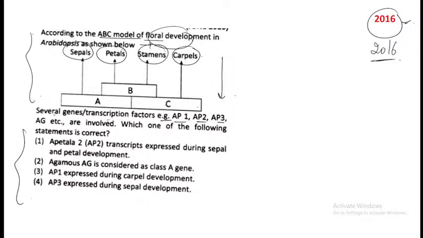Get the answer for this question. First statement: Apetala 2 transcript is expressed during the sepal and petal development. Second option: Agamous, AG, is considered as a class A gene. Third option: AP1 is expressed during carpel development, and fourth option: AP3 is expressed during sepal development. You need to find out the correct option. It's very easy, a very direct factual question has been asked.